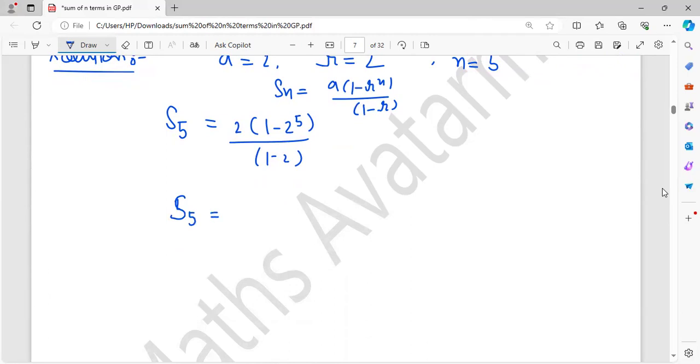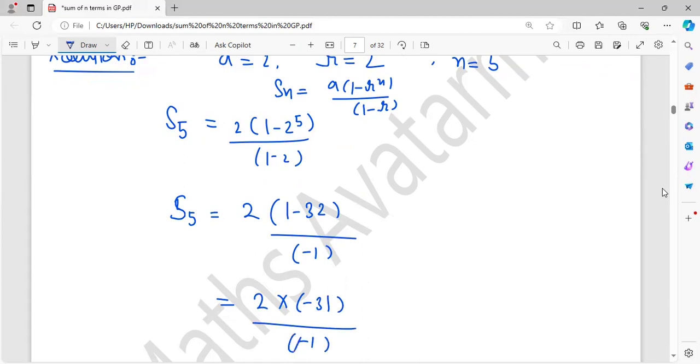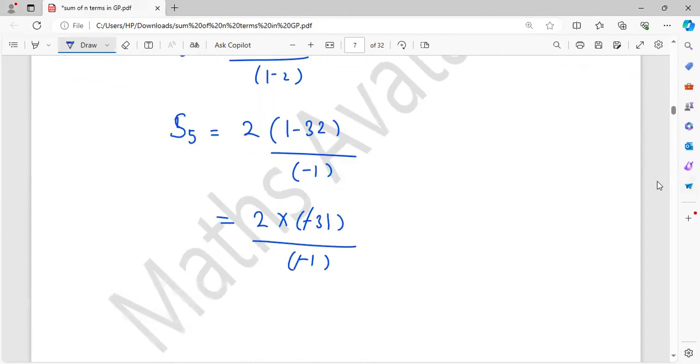S5 is equal to 2 to the power 5 means 32 minus 1, 2 into minus 31 upon minus 1. So minus minus will be cancelled out. So S5 is 62. That is fine. Okay.